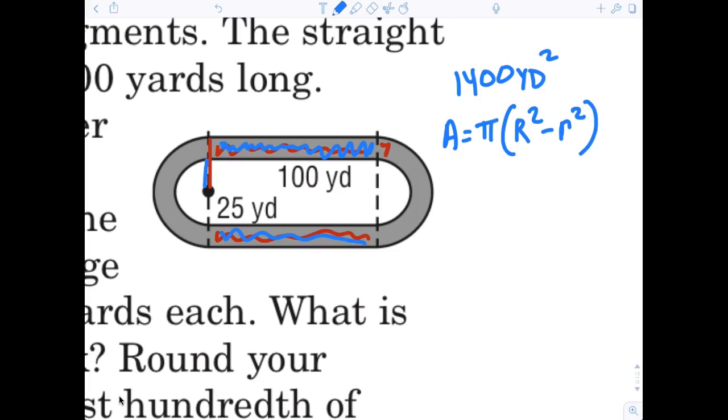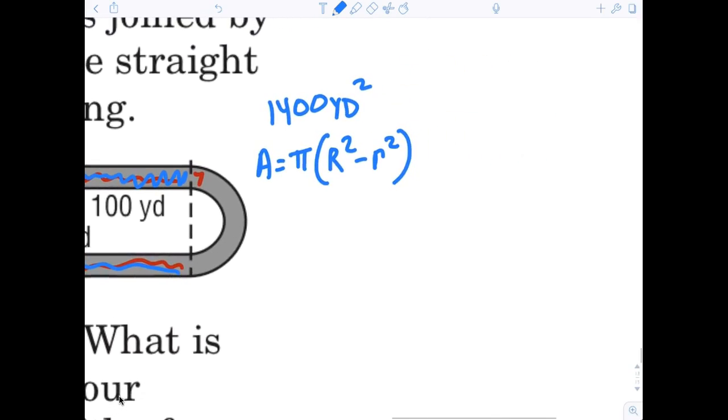So to me, it was easier just to square the r's and subtract them and then put the pi at the end. Everybody agree? So what's the radius of the large one again? 32 squared minus the radius of the smaller one. So somebody do 32 squared minus 25 squared. 399 pi. That's the answer.